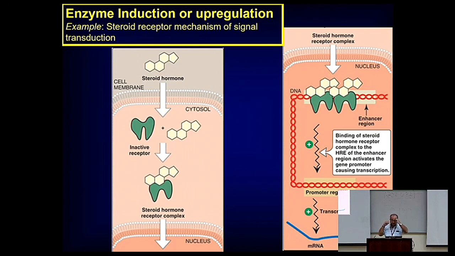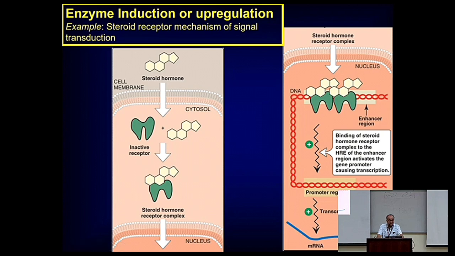Fourth type of enzyme regulation, fourth and fifth really, but I will talk about the fourth one because they're similar but go in the opposite direction, or do the opposite thing. So enzyme induction or upregulation. This does not mean enzyme activation.